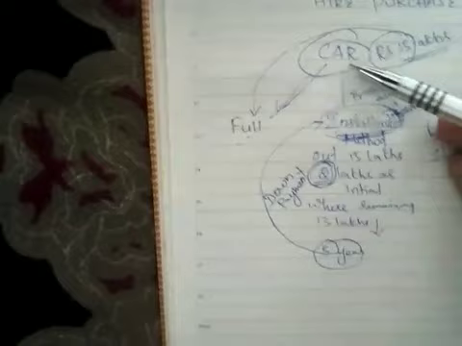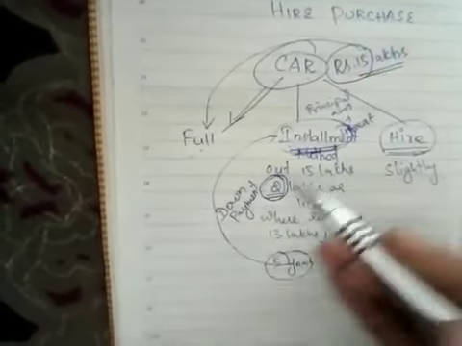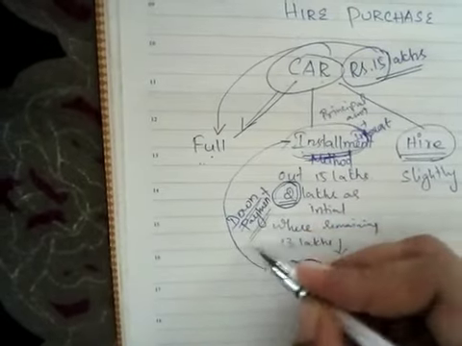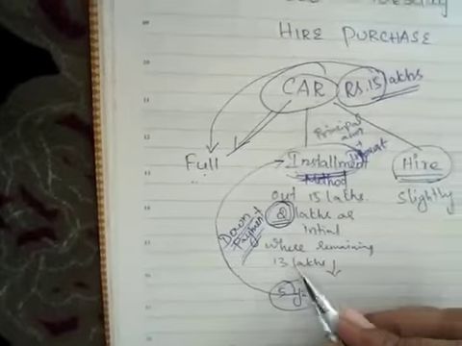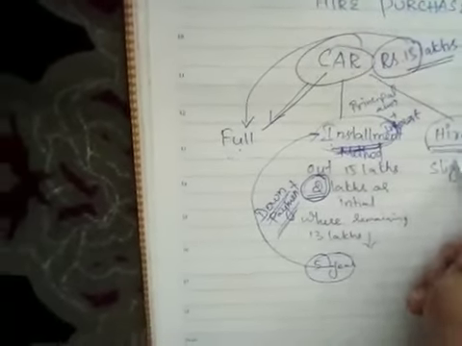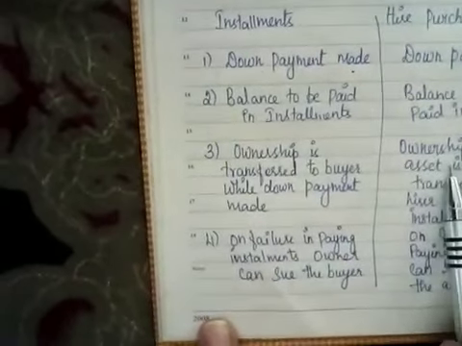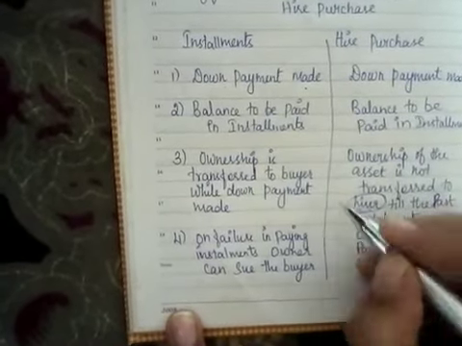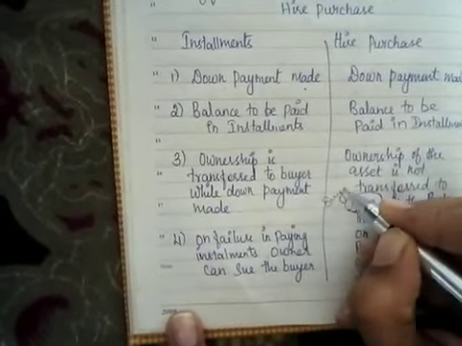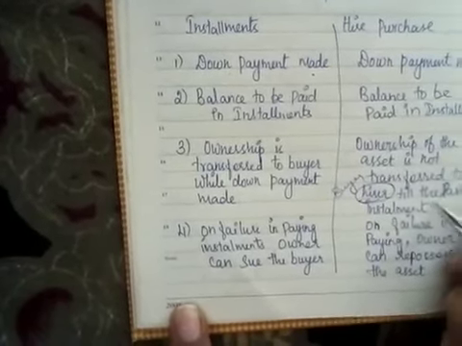In that case, the car ownership is transferred to the buyer at the time of paying the down payment itself. This is the major difference between the installment and hire purchase system. But in the hire purchase system, ownership of the asset is not transferred to the hirer, where the hirer is the buyer, till the last installment is paid.